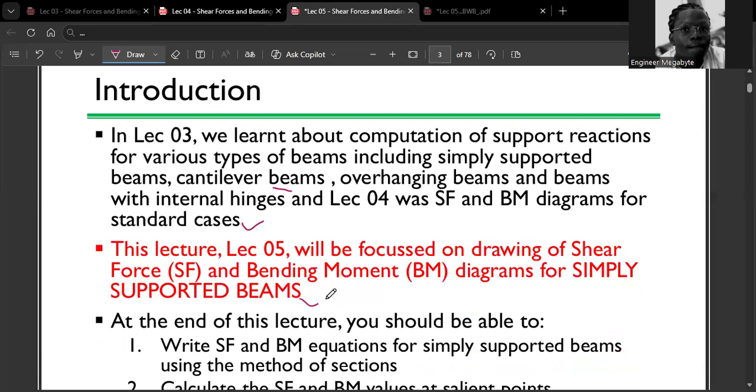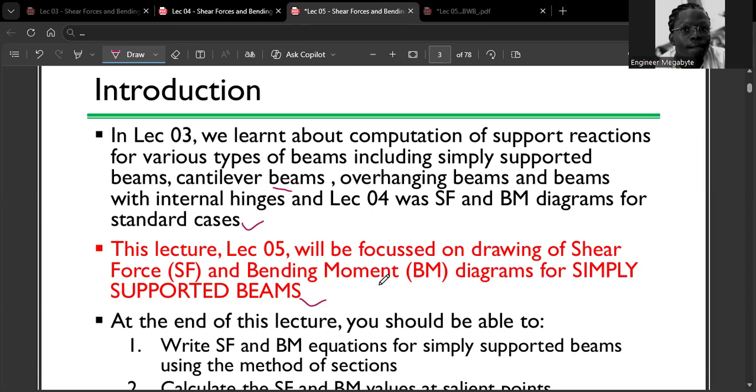We are starting with simply supported beams. Last year, simply supported beams came in exams. Last 2 years, simply supported beams came in exams. Your main focus should not be on the exams, but you should focus on learning to understand how this is done and how the calculation can be done so that you can draw the diagrams very well. Let it be part of you because it is something you're going to apply in real life.